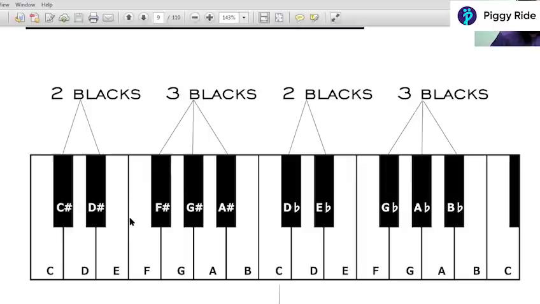It does not matter whether the keyboard size is short, long or larger, you will always find a group of 2 black and a group of 3 black, 2 and 3, 2 and 3. You can read the notes on the keyboard with the help of the groups of black keys, because without the black keys it is very difficult to find the notes on the keyboard.